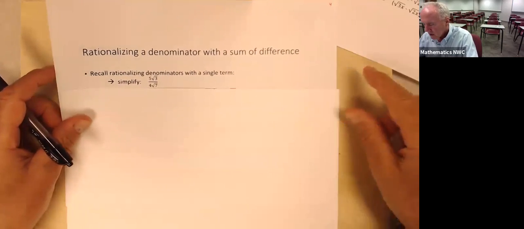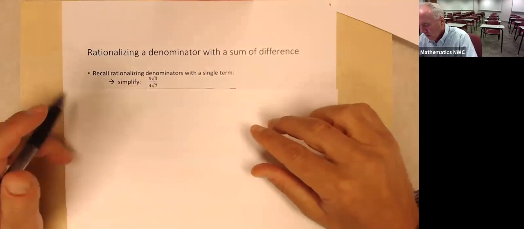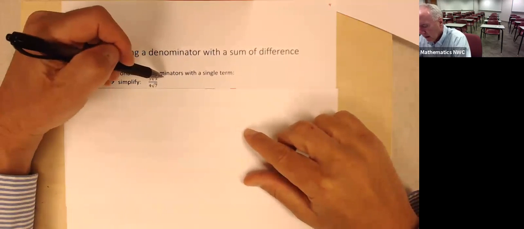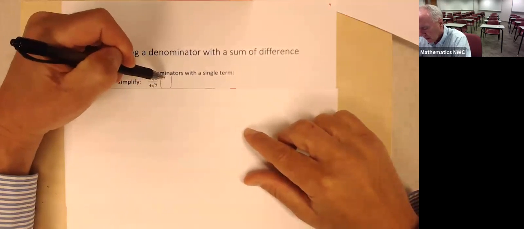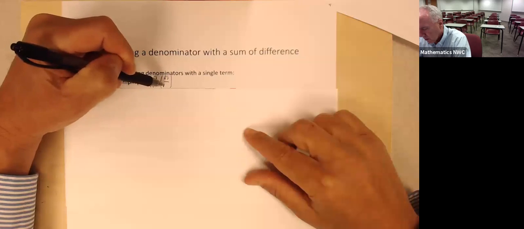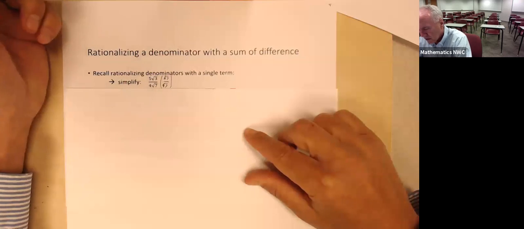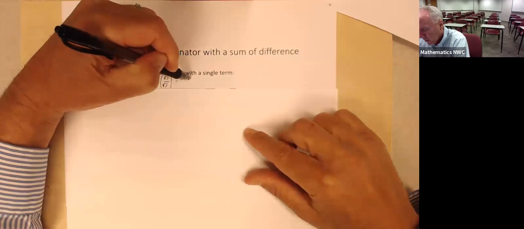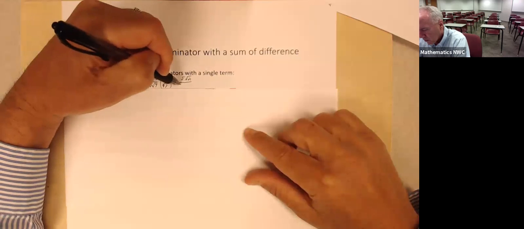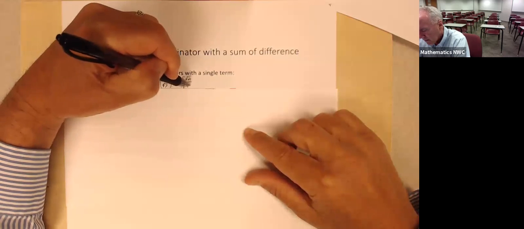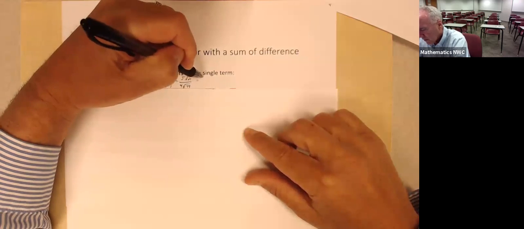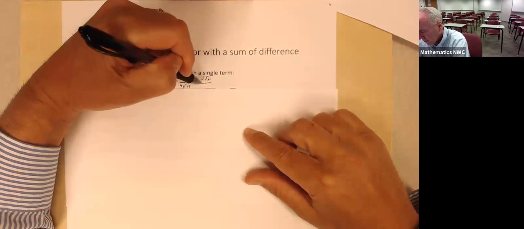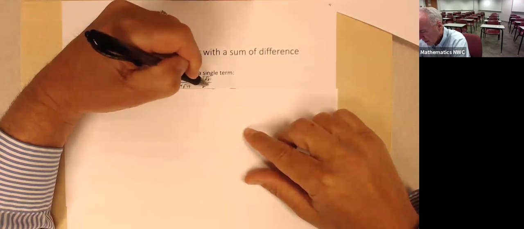We've already done some work with rationalizing denominators. You remember, I could multiply this one by radical 7 over radical 7, which is a 1. That would give me 5 radical 21, 4 radical 49, gives me 5 radical 21. 4 times 7 would be 28.